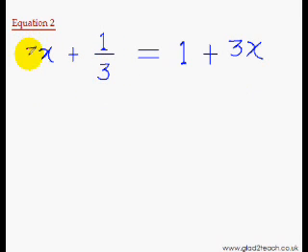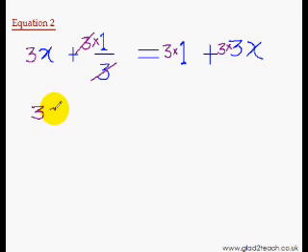See, 3 gets multiplied to each and every term of this equation. Now as soon as we do that, this 3 in the denominator, what was giving us trouble, immediately disappears. It cancels out. And now this is a very easy equation which you are already an expert at solving, isn't it? I'll put down this equation.